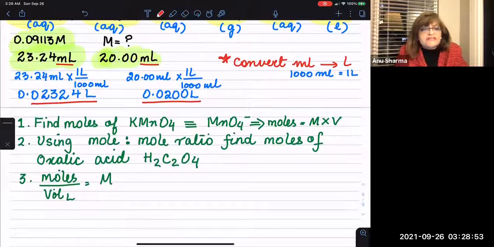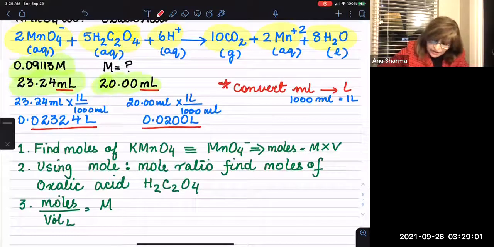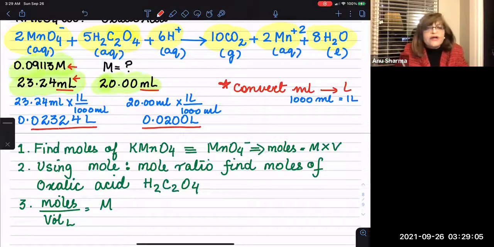Secondly, there are different steps in which these calculations are done. Number one is, the molarity of KMnO4 and the volume of KMnO4, and you can very easily find the moles of KMnO4 using the transformation of the molarity formula. So that comes out to be moles is equal to molarity into volume, okay?